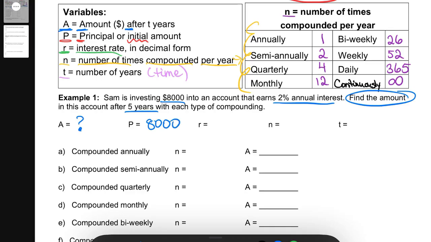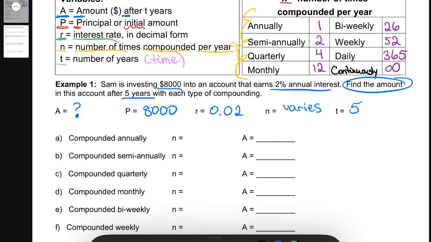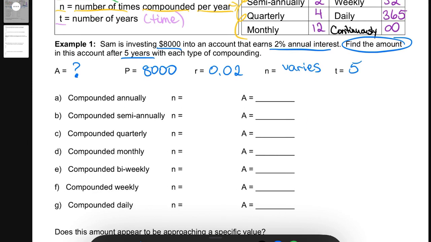P is what we put into the account, the principal, the 8,000. R, 2% as a decimal, is 0.02. N is the number of times compounded per year, and that's going to vary. T is 5 years. So we will plug all of this in.